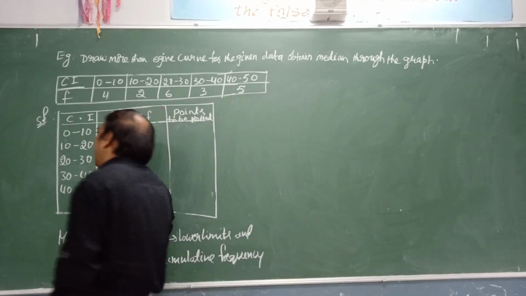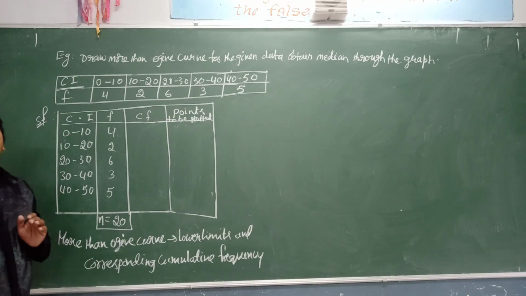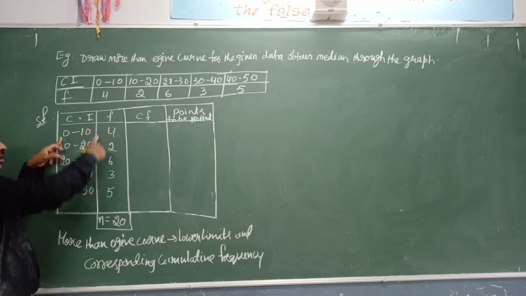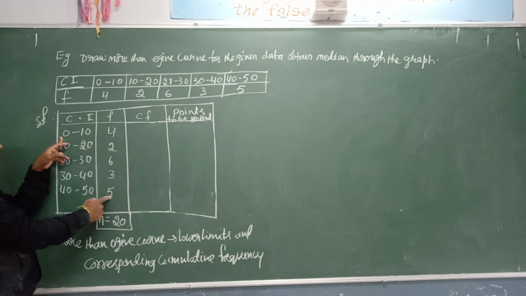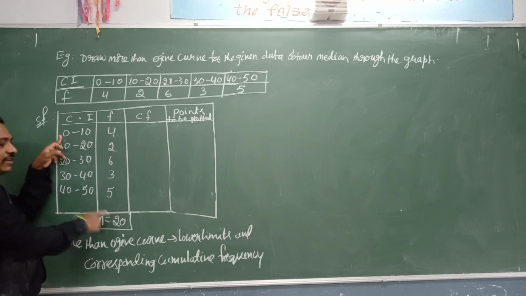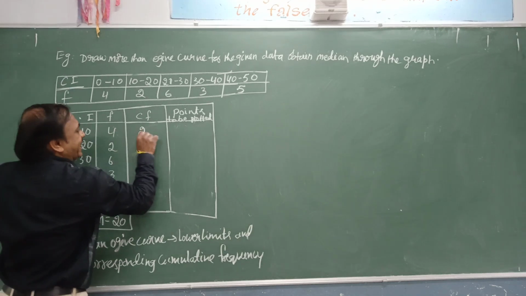So more than 0, we are taking lower limits. More than 0 means the whole total will come: 4 plus 2 plus 6 plus 3 plus 5, so total 20.